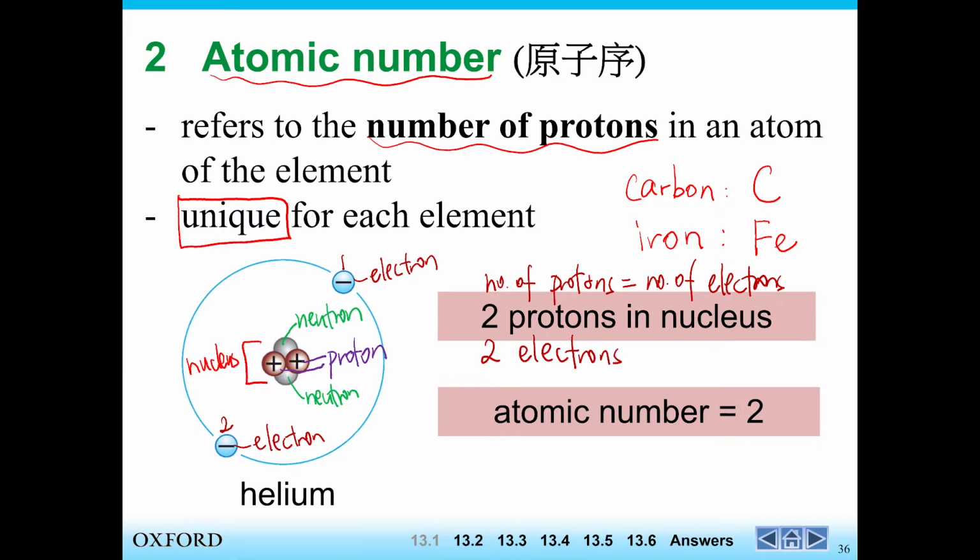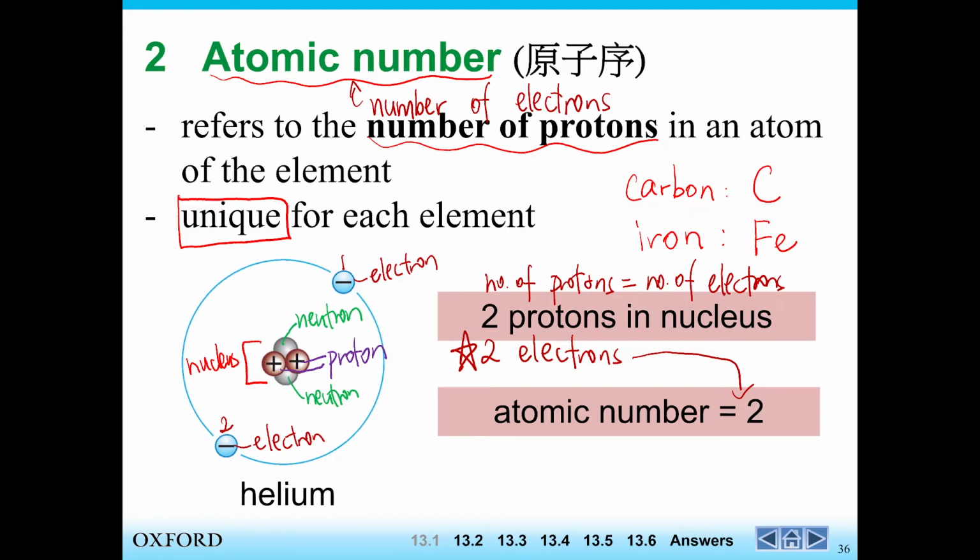So for example, if you're not given the number of protons, but you're given the number of electrons, based on the number of electrons, you could also get the atomic number. So perhaps up here, we can also add that if we have the number of electrons, that could also tell me the atomic number for an element.